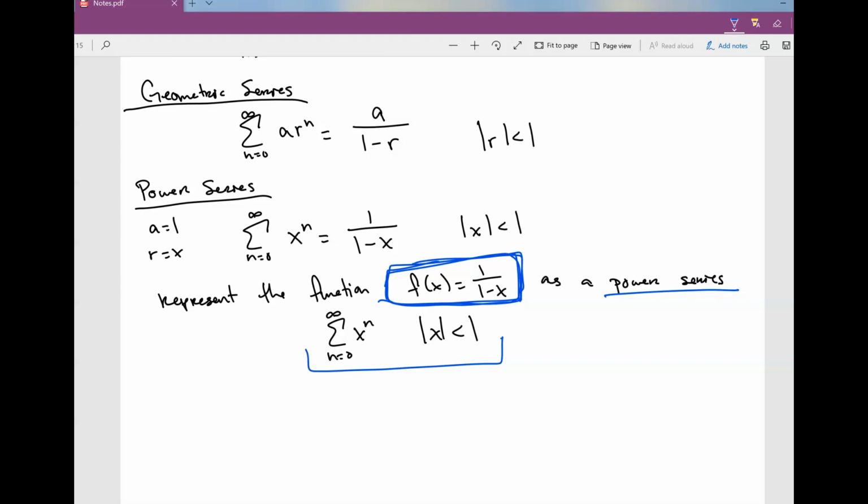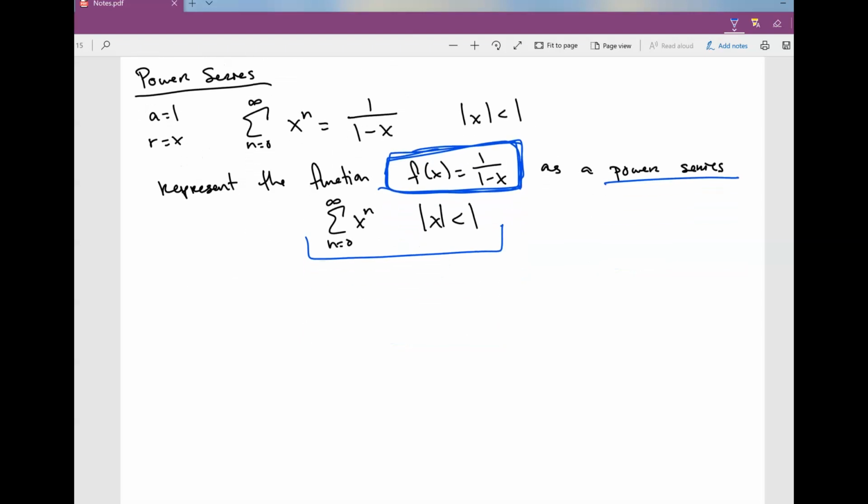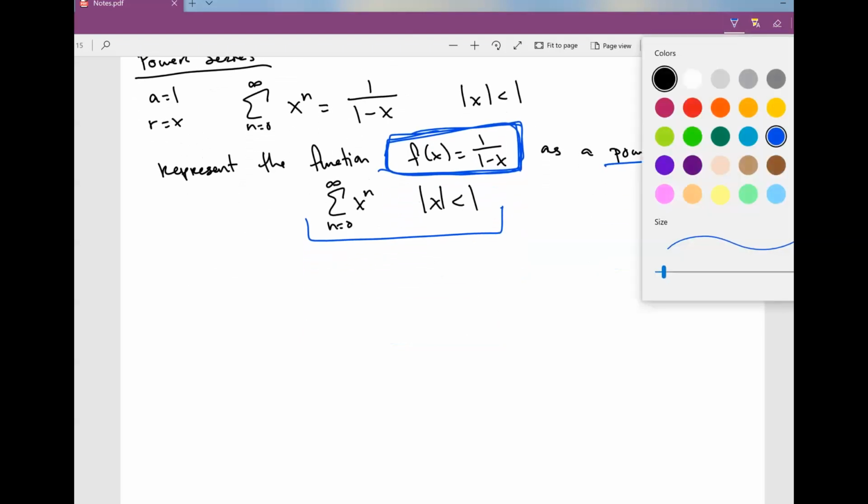Let's try to figure out if I can find some function that looks like 1 over 1 minus x, then I can go ahead and represent it as a series function. Let me give an example.